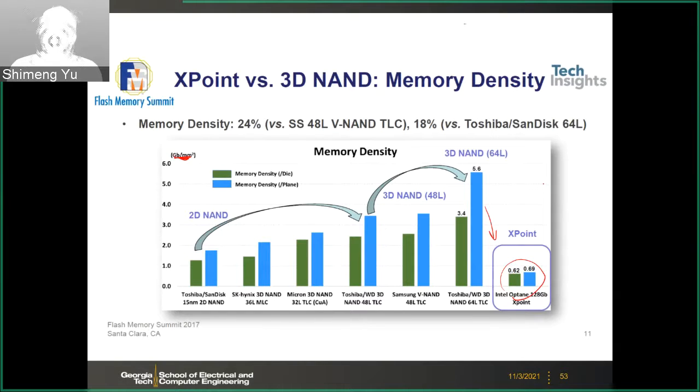So that's why it's used for storage class memory. If you recall the hierarchy, DRAM is here, your SSD is here. In between, we have this storage class memory. And 3D XPoint fits with storage class memory, because the density is in between the DRAM and the SSD.